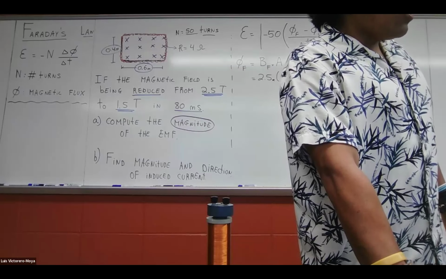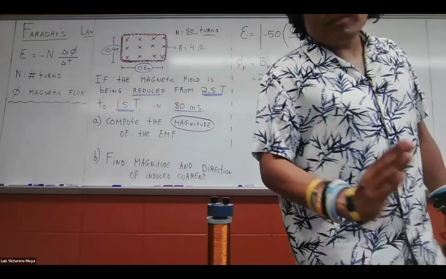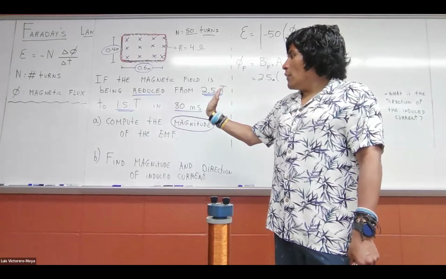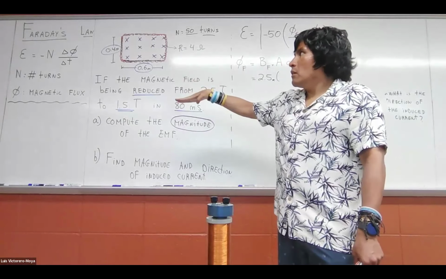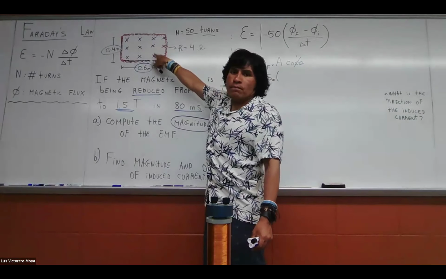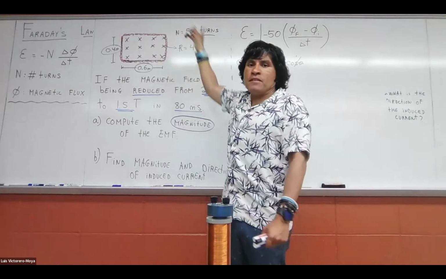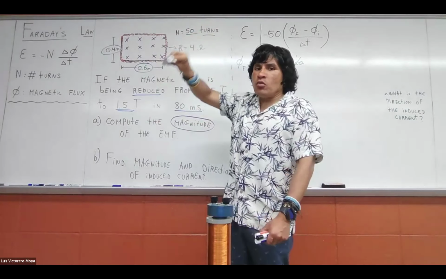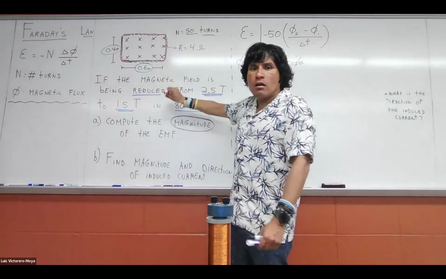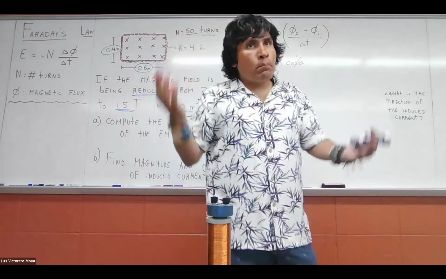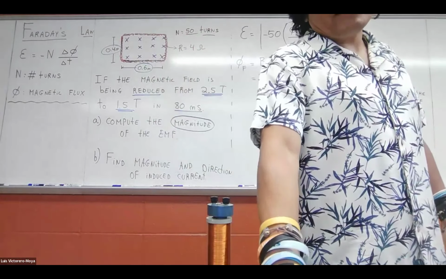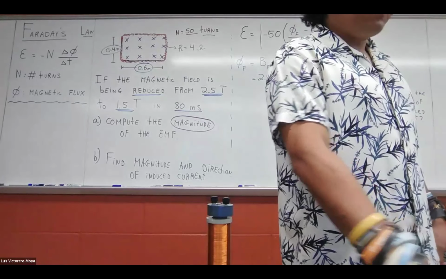If there's an angle, like if it's slanted, then you have to look at the angle between the normal to the area and the field. But here the field is into the page. You see the X there? The field is going fully perpendicular to the plane of the coils. So that's why we use just B times area.